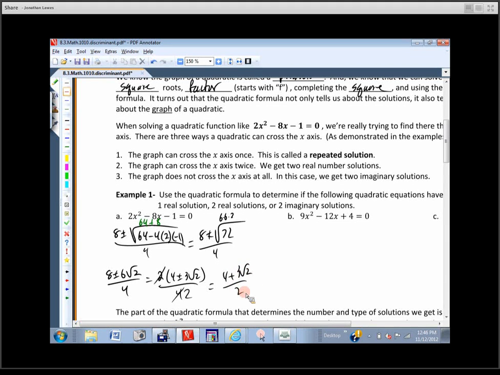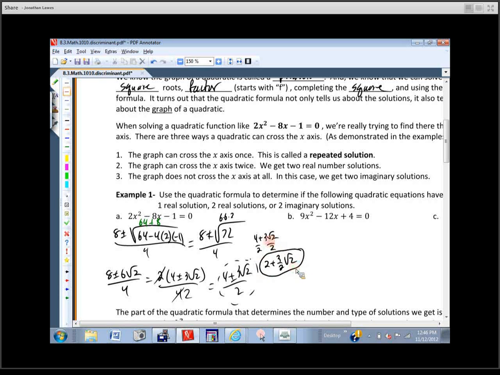Okay, now I'm going to write this as two separate pieces, just to kind of prove the point. One of them is 4 plus 3 radical 2. Each one of those pieces is over 2. So this one is 2 plus 3/2 radical 2. There's one answer.